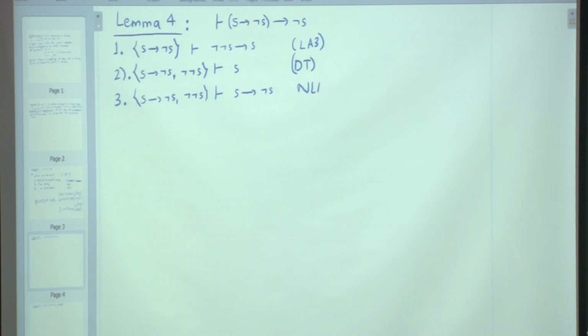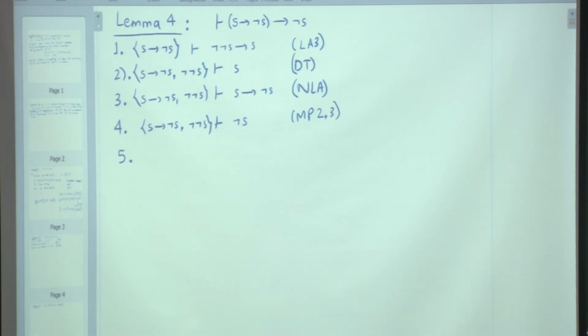So this is NLA. Then fourth one, obviously I should use MP, on which two lines? 2 and 3. Fifth one, now that we have double negation S, we have S and we have negation S. Whenever we have both of them, what should we use?